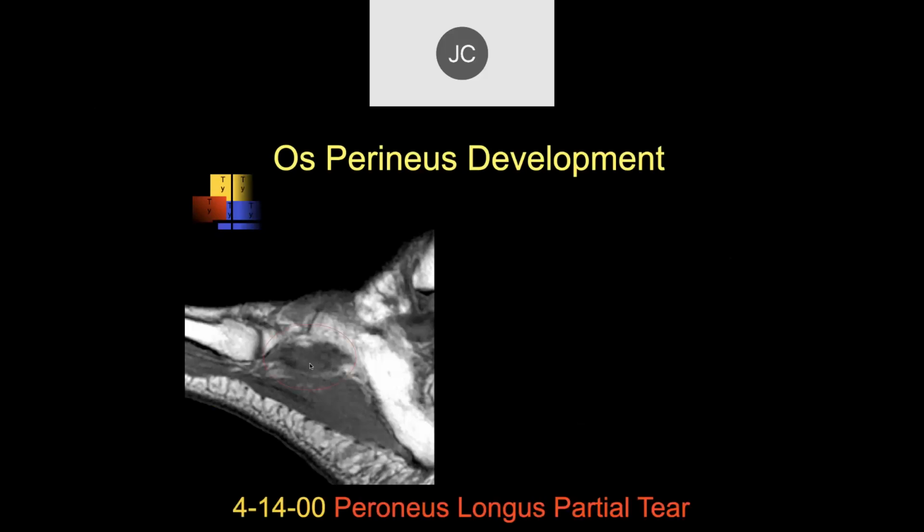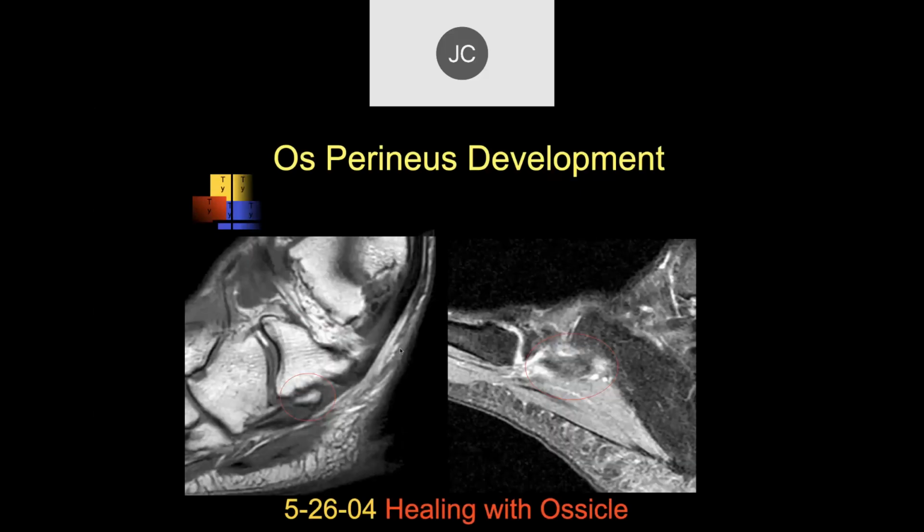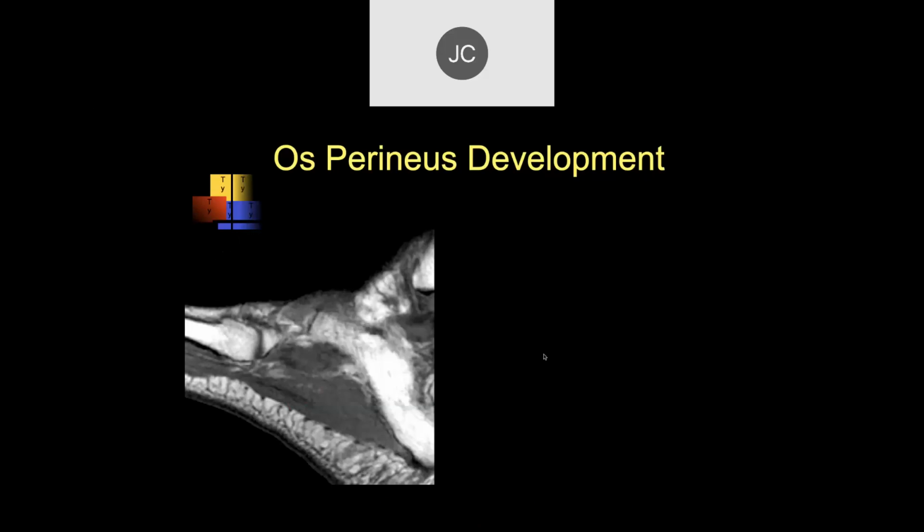Yeah, it should be black. This was a partial tear of the tendon. If we go to the PD fat set, in this location, I guess I don't have the PD fat set image there, but this was interpreted as a partial tear of the distal peroneus longus.